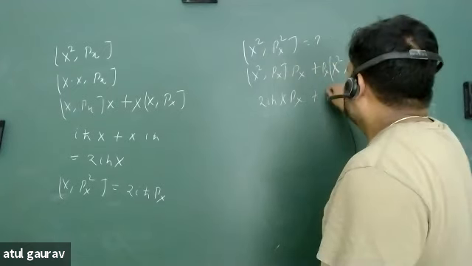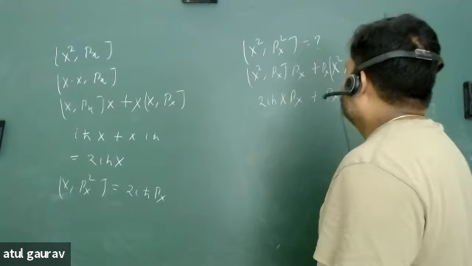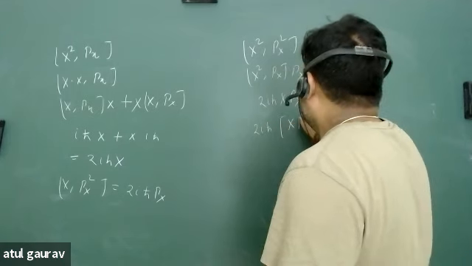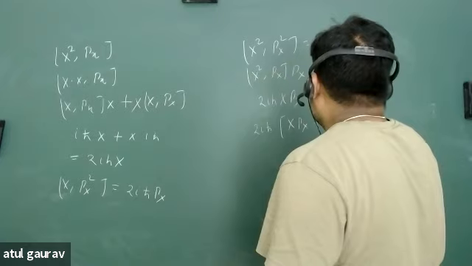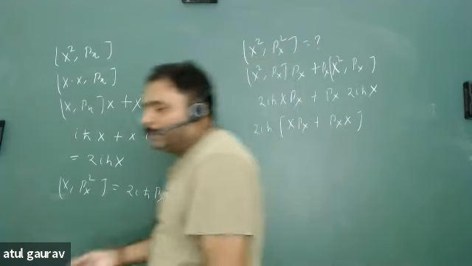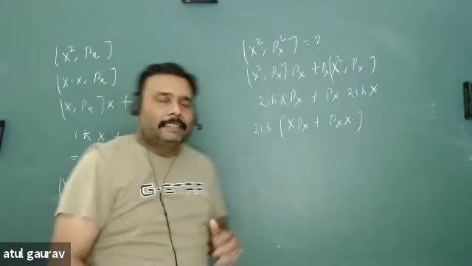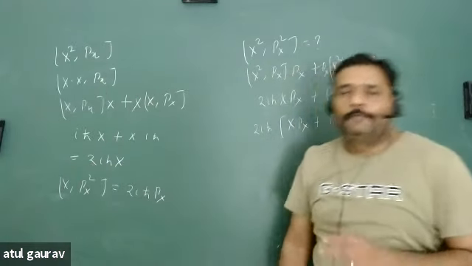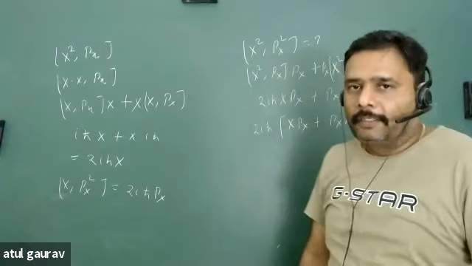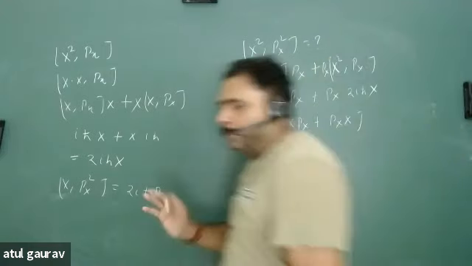And the other x square px is again 2 ih cut x. Now you can take 2 ih cut and write x px plus px x. You cannot write this as 4 ih cut x px or 4 ih cut px x. The first option was 4 ih cut x px, the second option was 4 ih cut px x, the third option was this, and the fourth is another one. There is no problem. So obviously you always have to keep in mind the ordering of the operators.